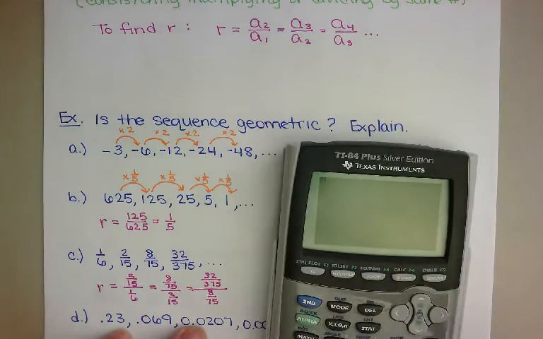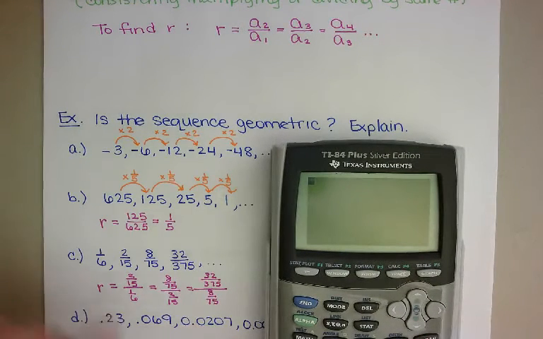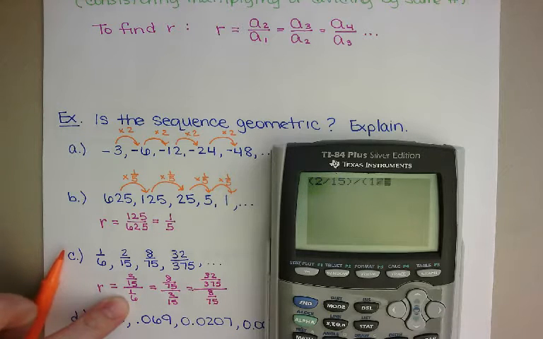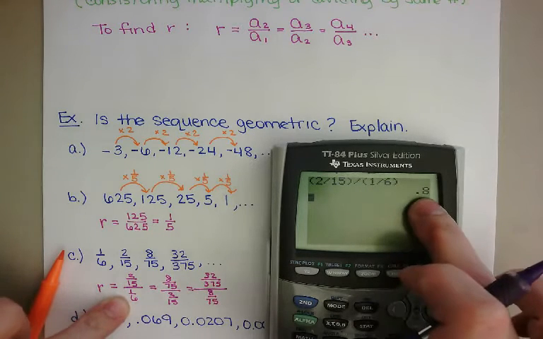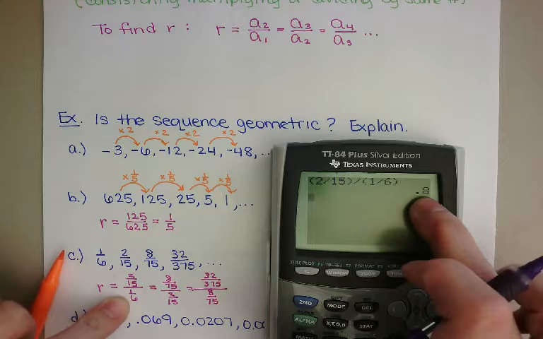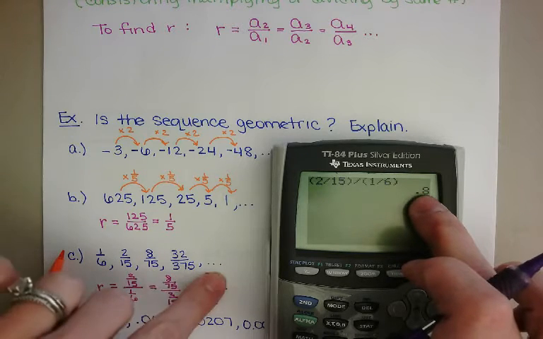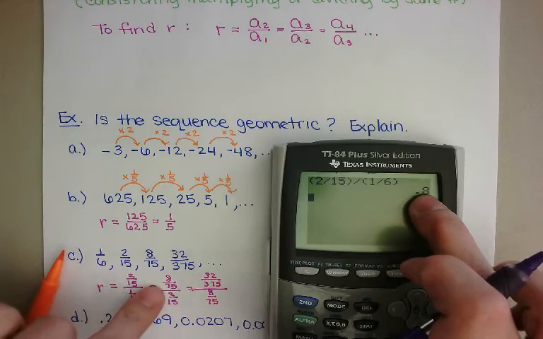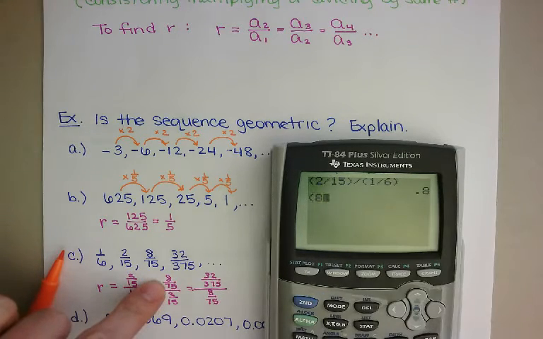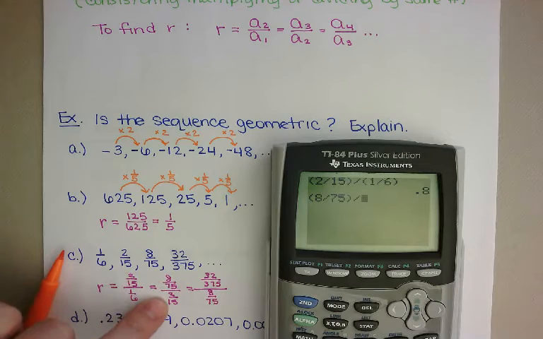My grapher doesn't have an ABC button, so I'm going to say 2/15 divided by 1/6. I can convert that back to a fraction if I want, but I just want to make sure that these match up so that I can say yes, it's constant. Now I'm going to check 8/75 divided by 2/15.